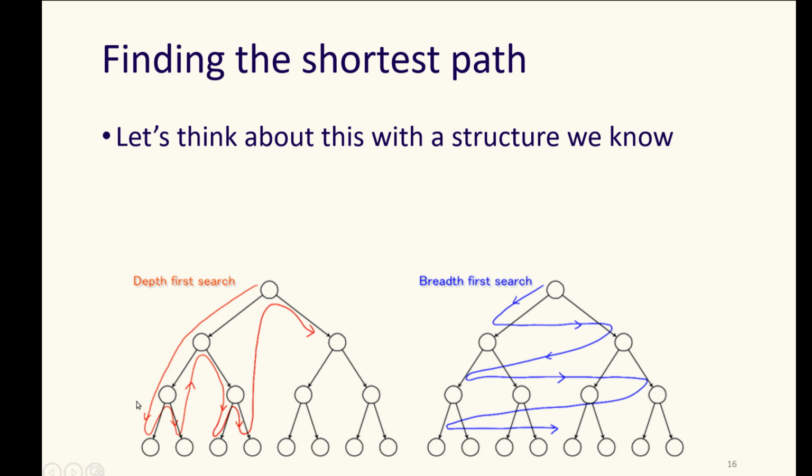We are quicker at diving into depth in depth-first search, and we are slower to finish up a particular depth level, like depth level 1 will take us a while before we get back up here.